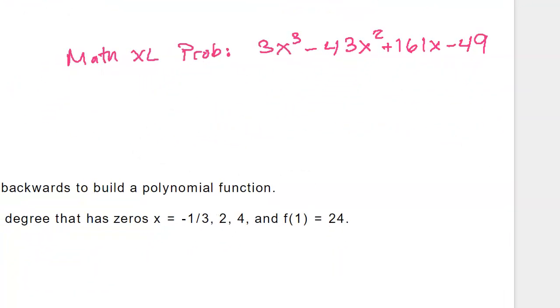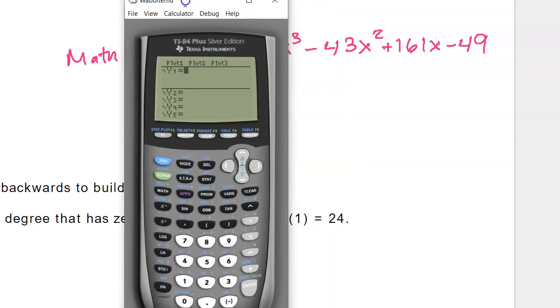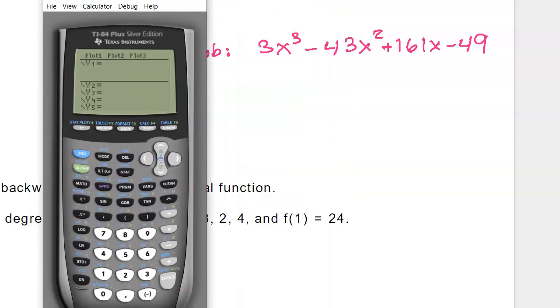So if we were in school, you would have to perform the possible rational root test, use the P and the Q, plug it in, guess and check, and then hopefully factor the rest. But because we're not in school, we can use our calculator.